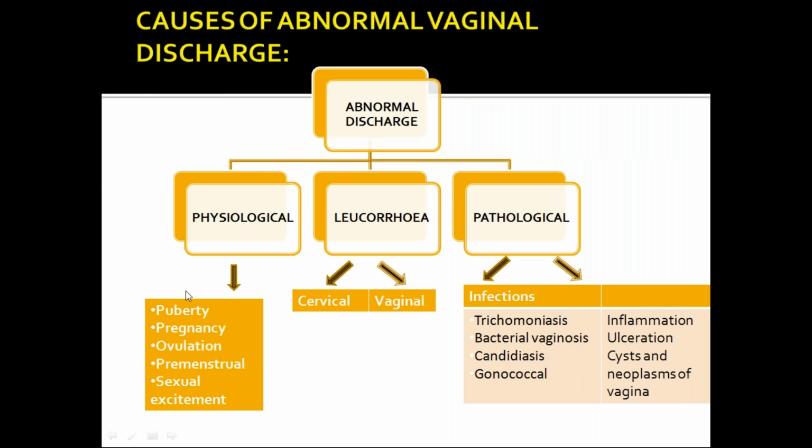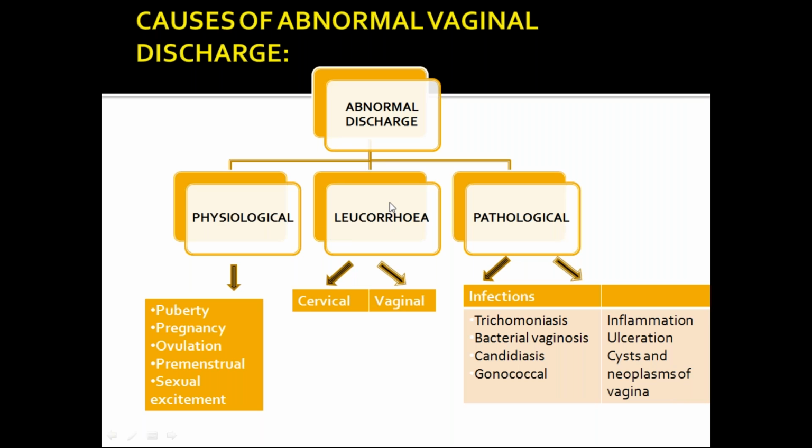Physiological conditions are during puberty because of more estrogen, in pregnancy, ovulation, premenstrual, and sexual arousal. These are the conditions where you can see a physiological increase of vaginal discharge. And this term is very important: leukorrhea. Leukorrhea is when there is an increase of vaginal discharge which is normal and non-purulent.